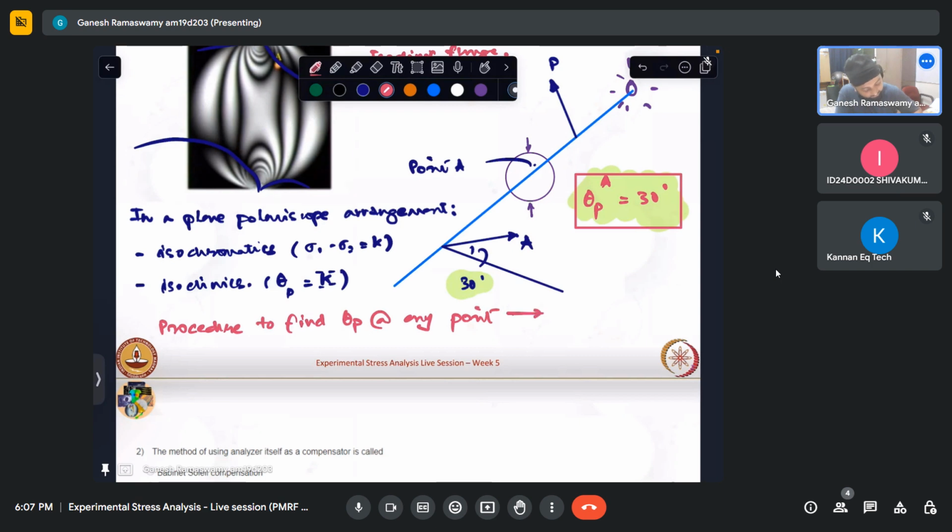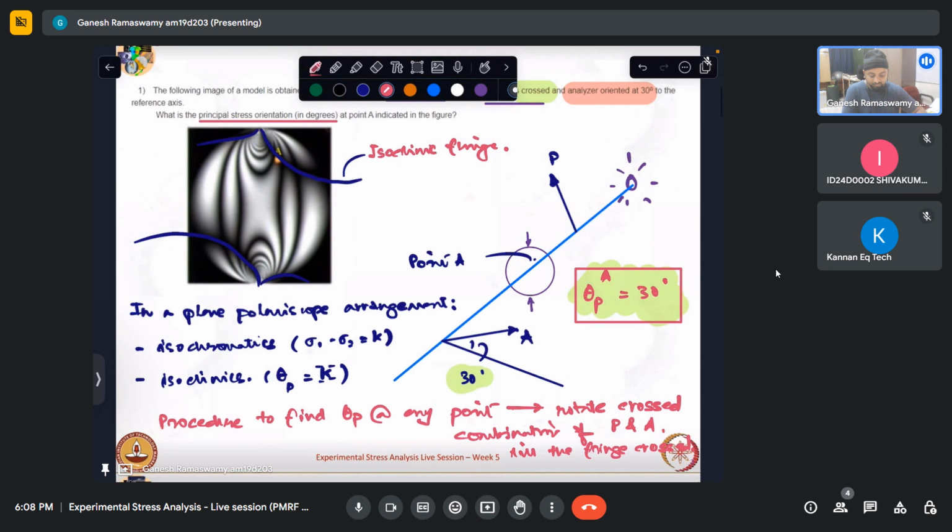It is to rotate the crossed combination of polarizer and analyzer till a fringe passes through that point. Anyway, when I post this, I'll write it a little more neatly, but I suppose you get the idea.